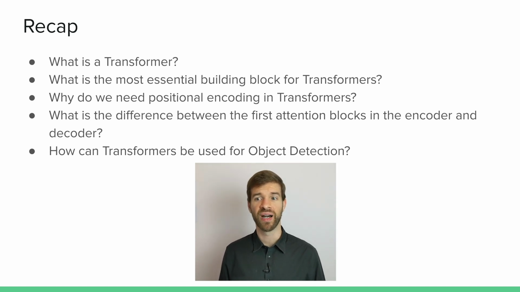And you do this by comparing the boxes and the class labels and using the Hungarian algorithm to find the optimal assignment between those two sets in polynomial time. So that's the bipartite matching loss in a nutshell. And if you put all these together, you can actually perform object detection with transformers.